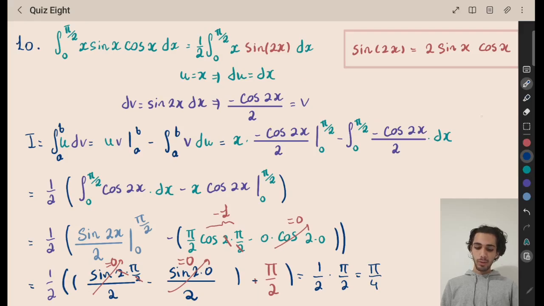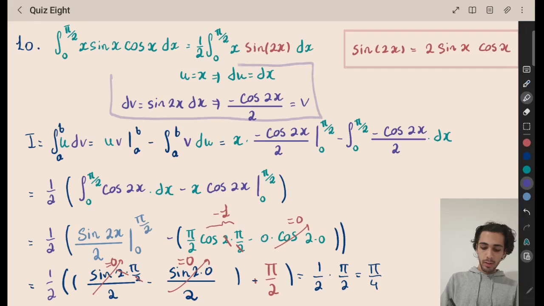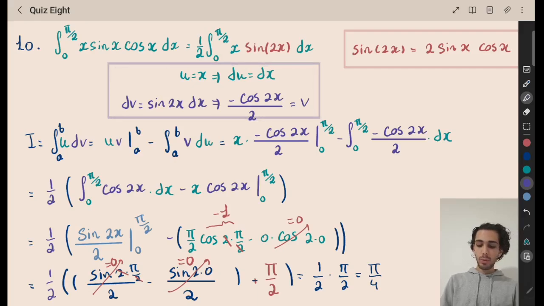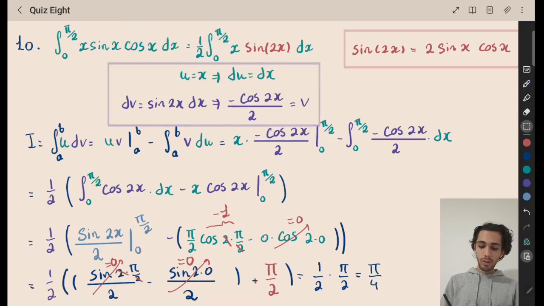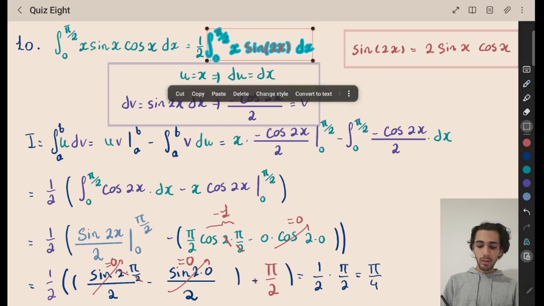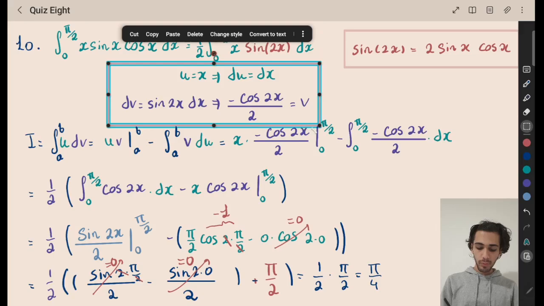So the answer to the big integral here is half of the other integral. So we totally forgot about the last half, and we just computed this part, which is our I. If you notice, this is our I, but we did not account for the half that we had.